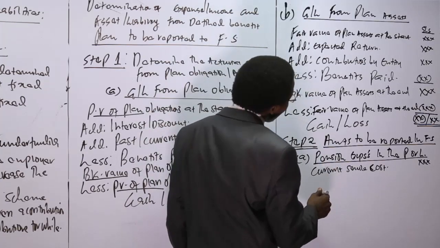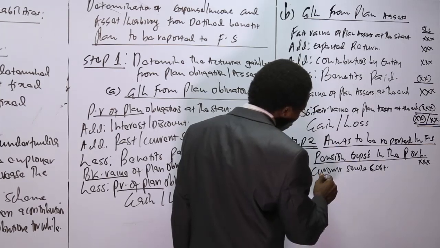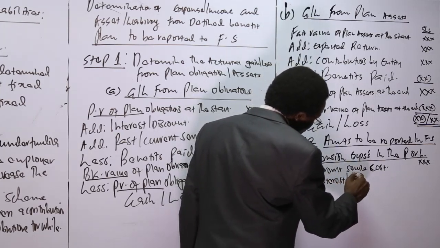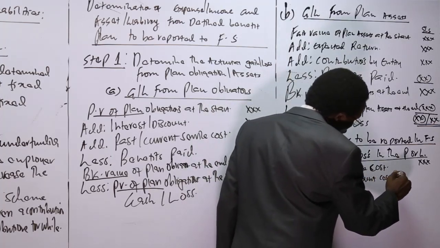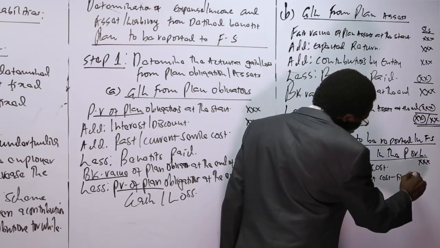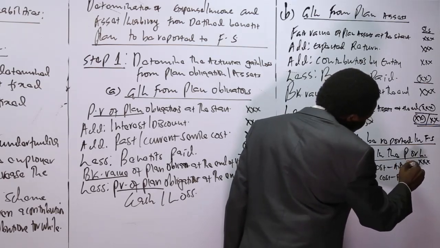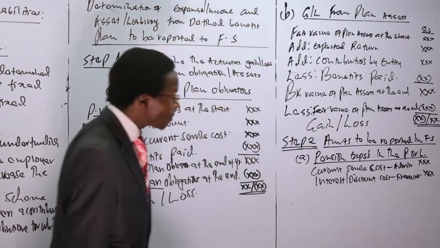We also have, apart from the current service cost, the interest, the interest stock discount. This is a finance cost. This is an admin expense, like remuneration expense.